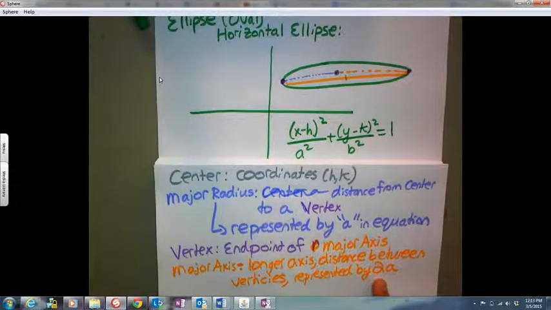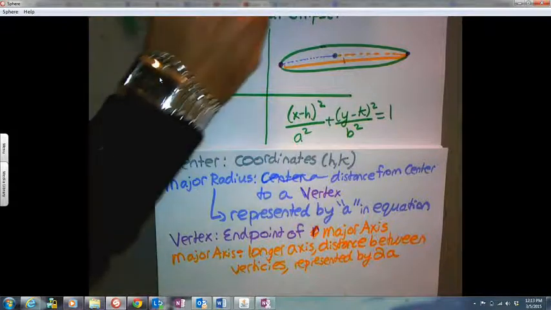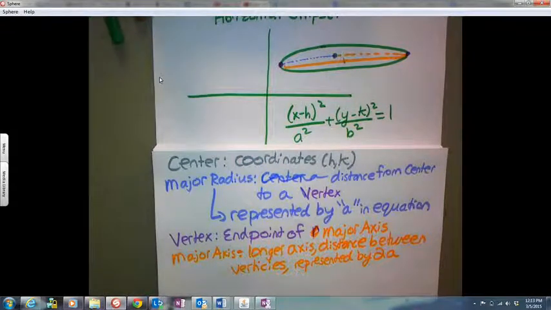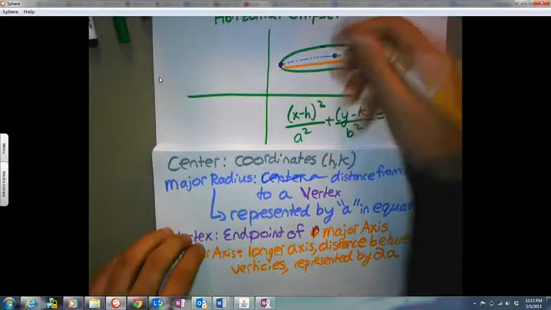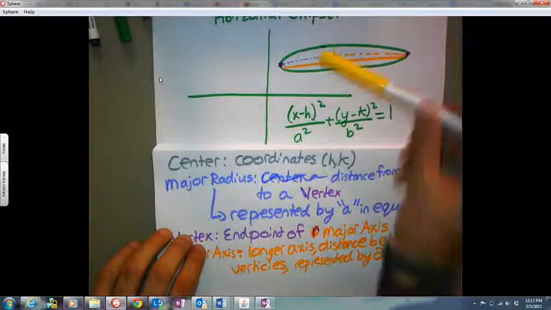Okay. Now we have the minor radius, which is right here, that yellow, just from the center up.